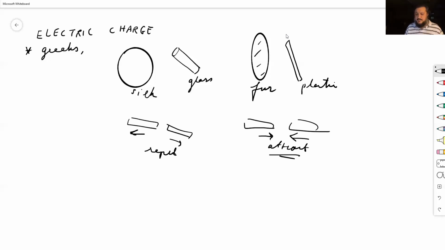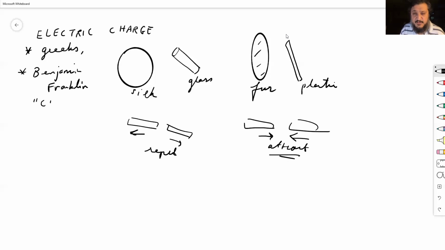Okay, so it was first Benjamin Franklin who actually theorized this, who saw this dual nature of electric charges and their interaction. And he called these charges.